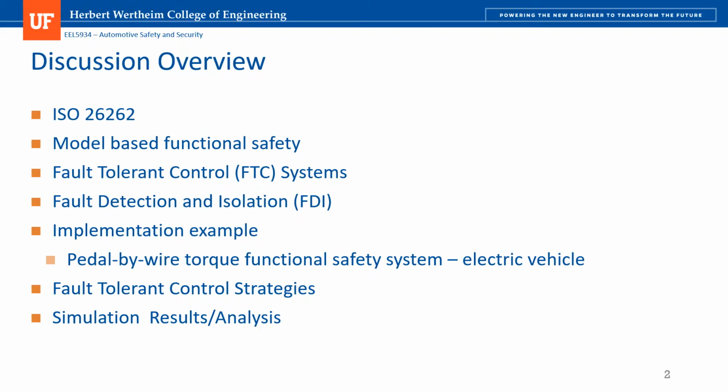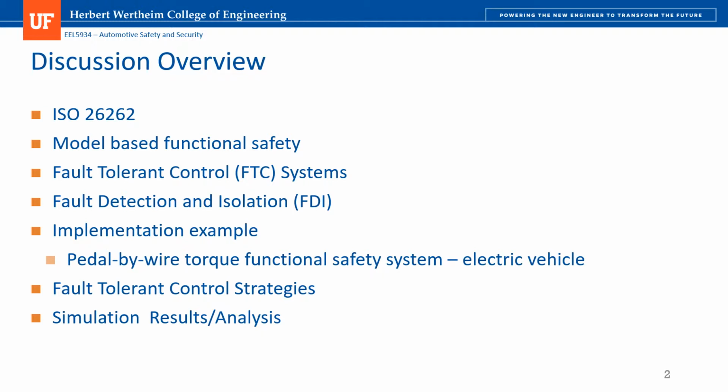As an overview of the topics we'll discuss, first we'll take a look at the ISO 26262 standard. We'll touch on model-based functional safety, look into fault-tolerant control systems and fault detection and isolation systems. We'll look at an implementation example, which is a pedal-by-wire torque functional safety system for an electric vehicle.